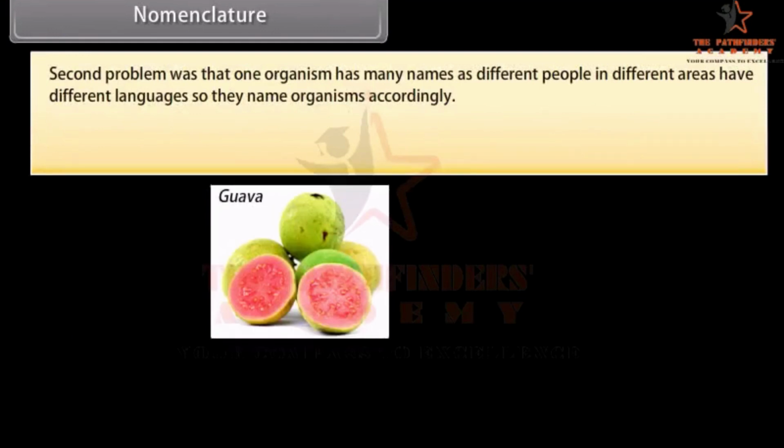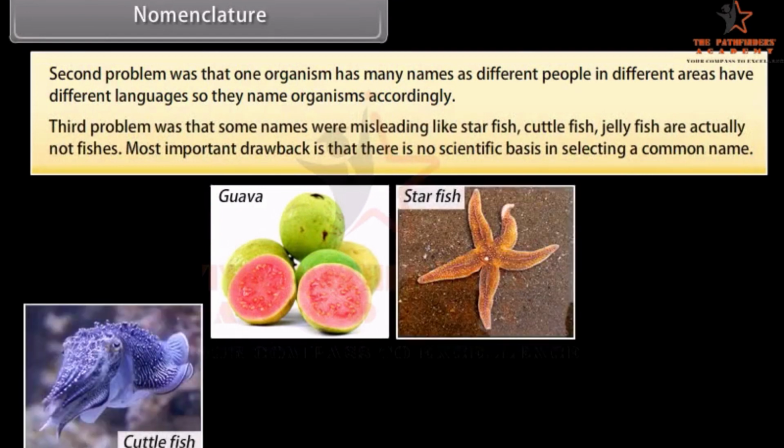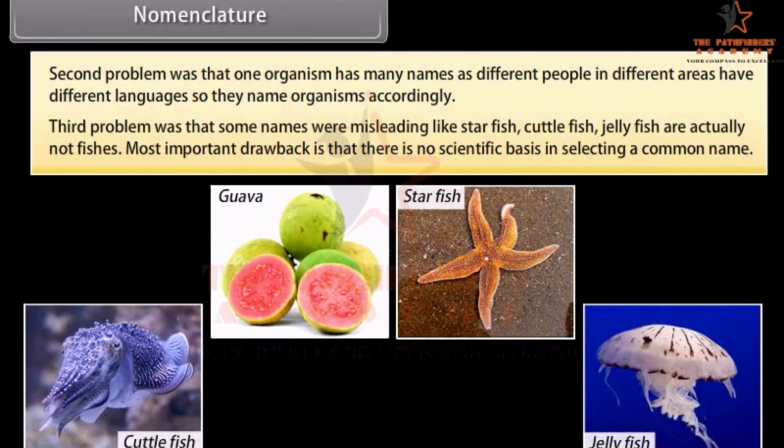Second, one organism has many names, as different people in different areas have different languages, so they name organisms accordingly. Third, some names were misleading, like starfish, cuttlefish, and jellyfish, which are actually not fishes. Most important drawback is that there is no scientific basis in selecting a common name.